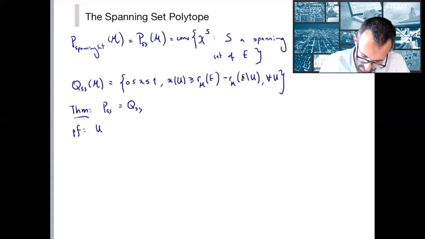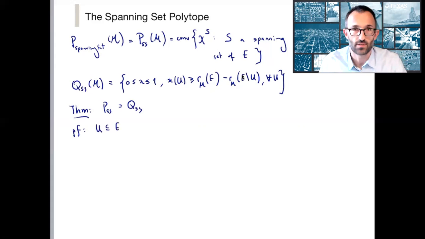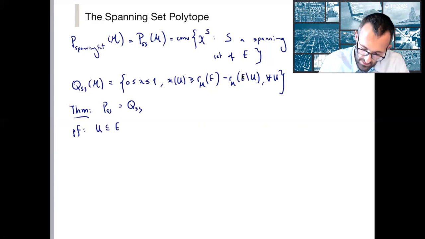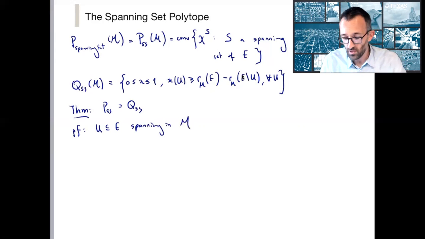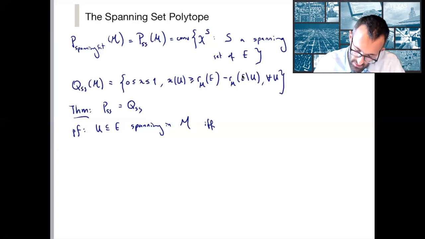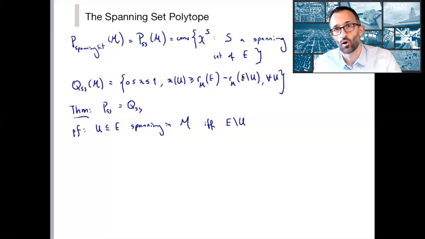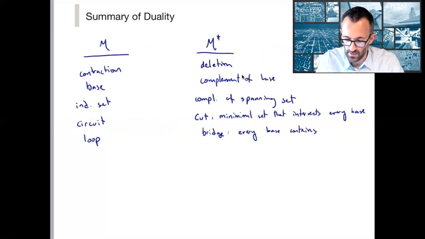So let's let U be a subset of the ground set E, and let's suppose that this is spanning in M. And now we know that U is spanning in M if and only if its complement is independent in M star. We can just flip back to the previous slide and see this correspondence between M and M star.